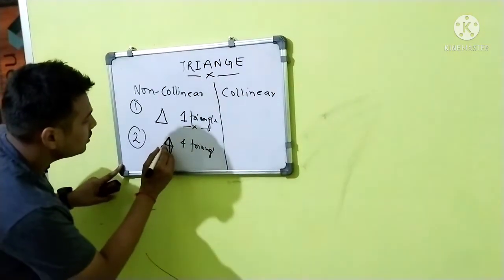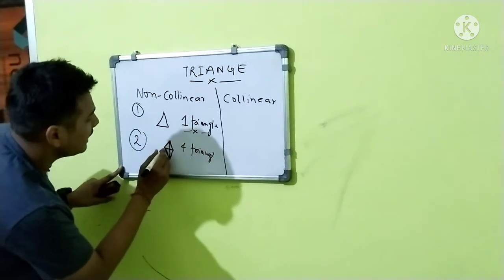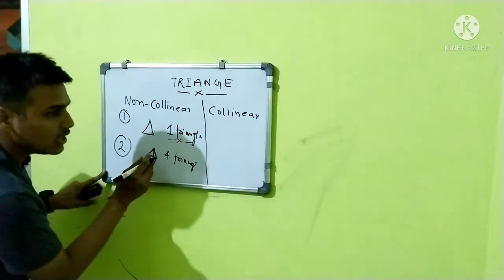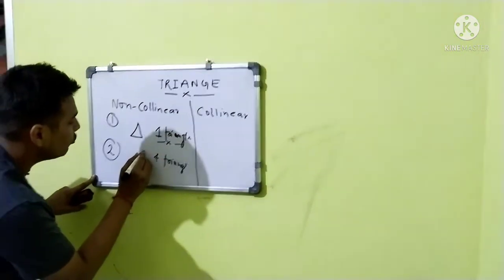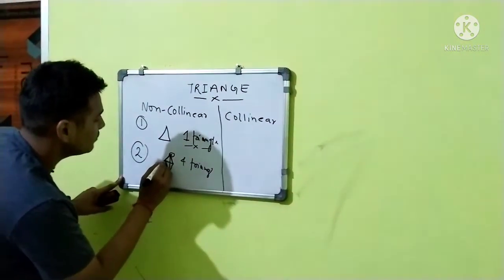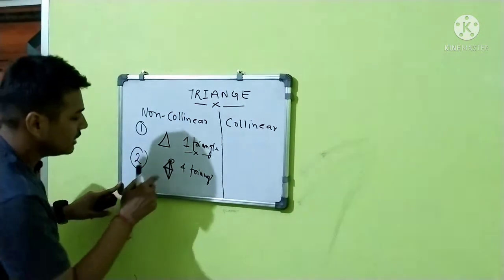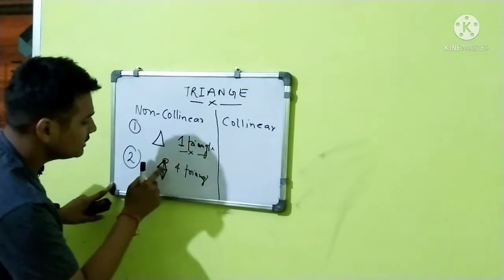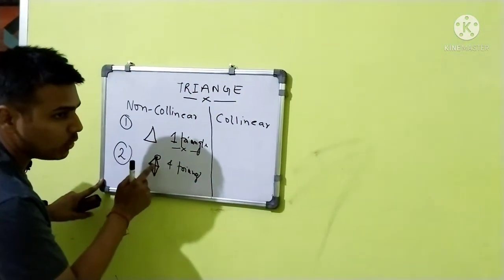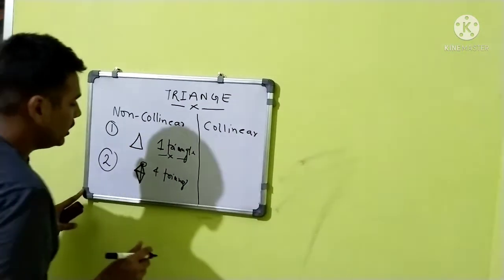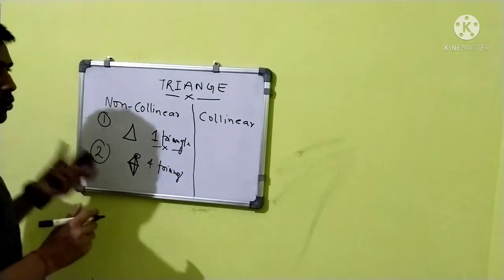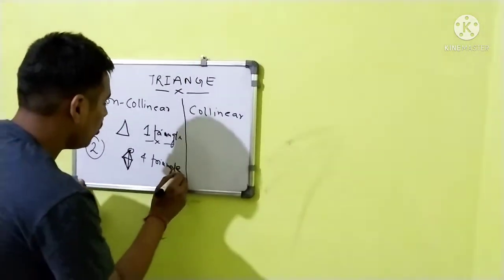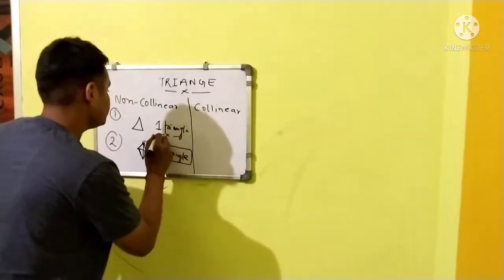You cannot count this small middle part as a triangle, because there are only 4 vertices, and the middle point cannot be counted as a vertex. So with 4 non-collinear points, you can draw only 4 triangles. Is it clear?